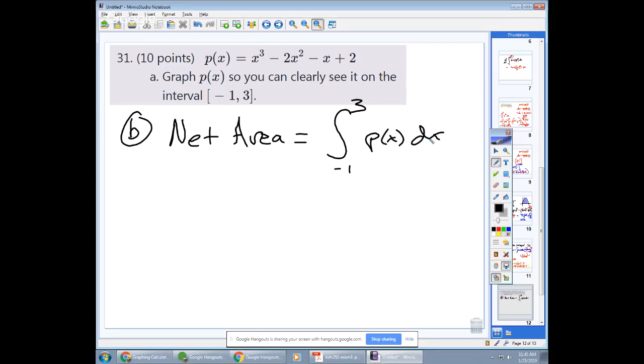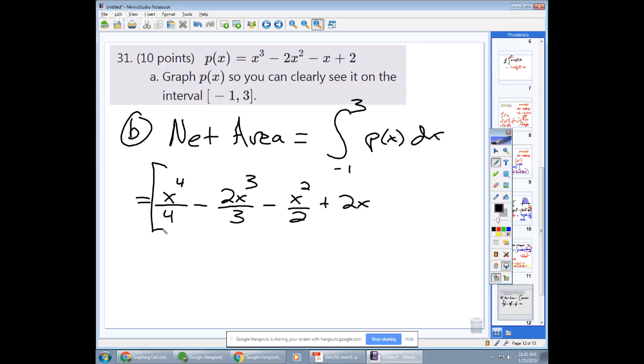So the antiderivative of this would be x to the 4th over 4 minus 2x cubed over 3 minus x squared over 2 plus 2x. And then we just evaluate at -1 and 3.